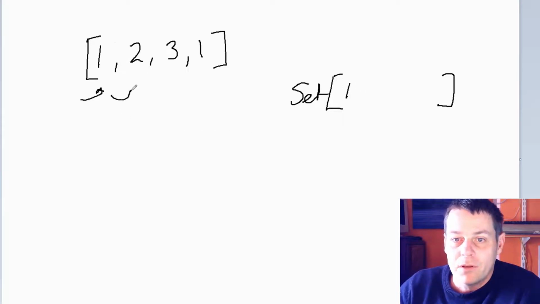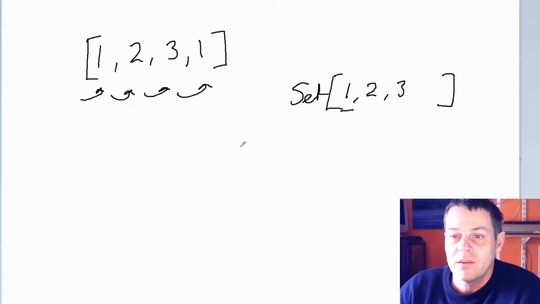Then I'm going to look at the 2. Does our set contain a 2? No it doesn't, so I'll put it in there. Then look at the 3. Does our set contain the 3? It doesn't, so I'll put it in there. Then I'll look at the 1. Does our set contain a 1? Yes it does, so I'll return true. If it didn't, I'd carry on.